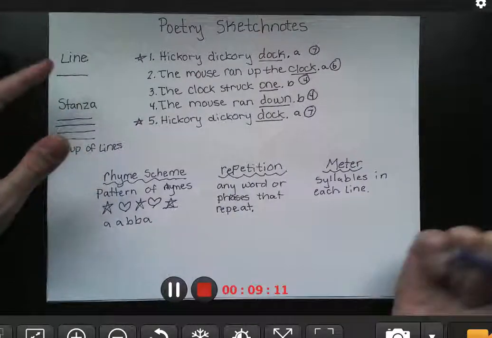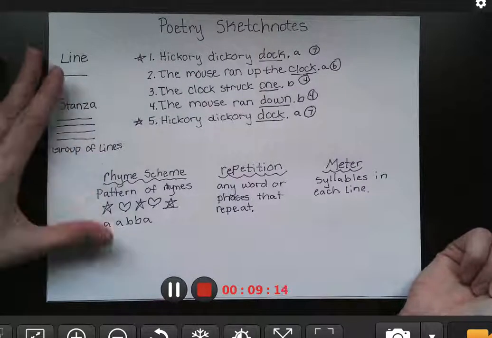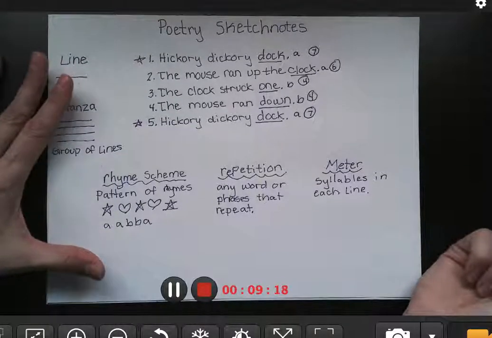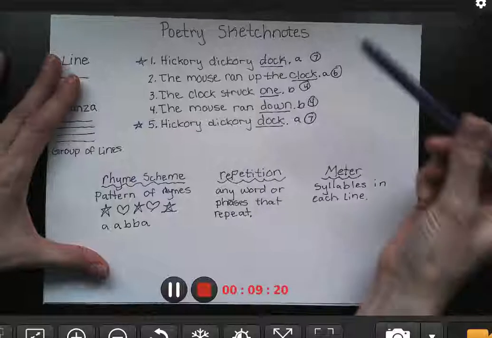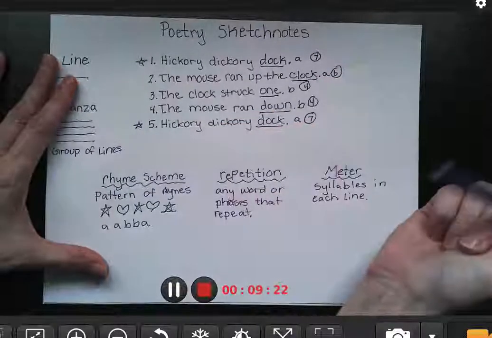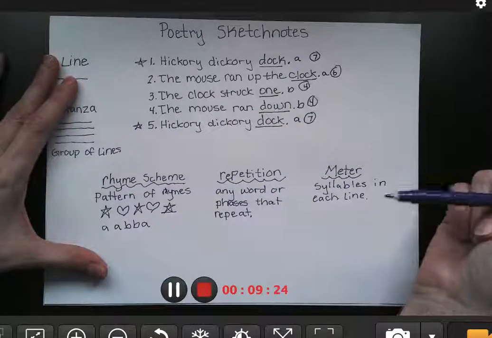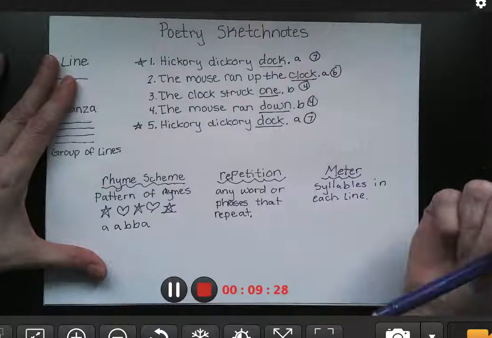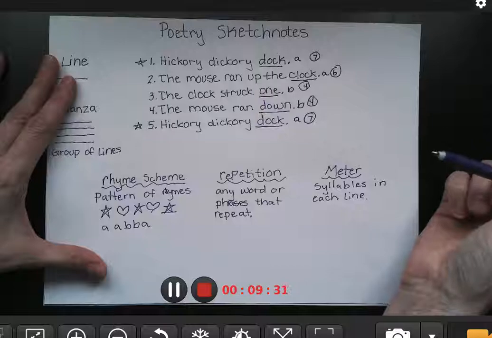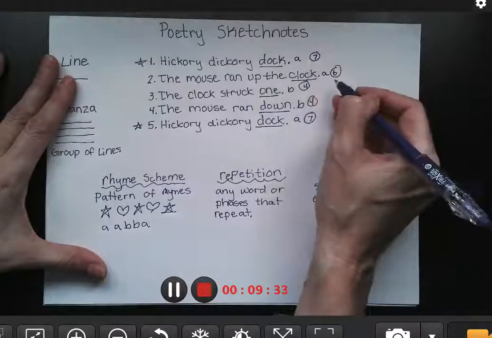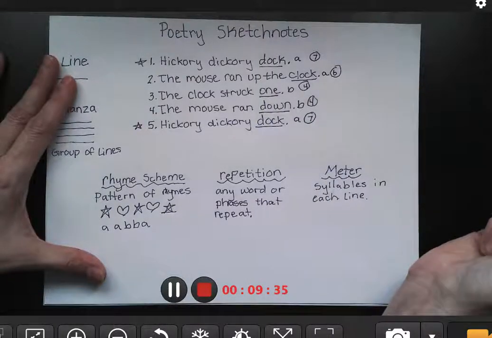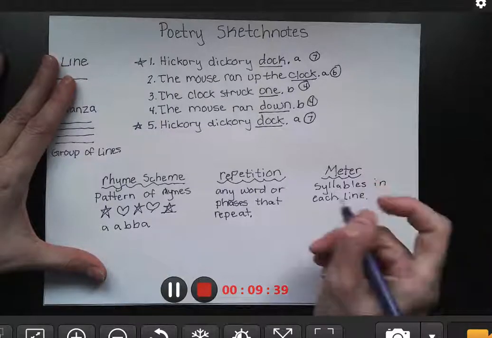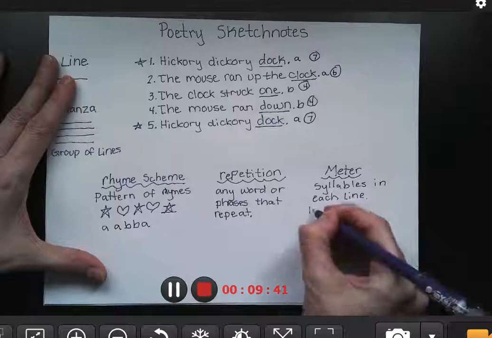It reads like a song. And I think some people have actually turned this into an actual song. But meter, so when you're writing a poem and you want the meter to sound correct, you need to make sure that every line that rhymes has nearly the same amount of syllables. It can be off around 1 or 2 syllables, but it should be pretty close. So meter is syllables.